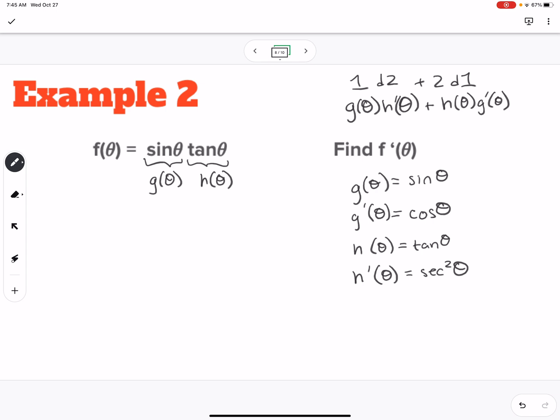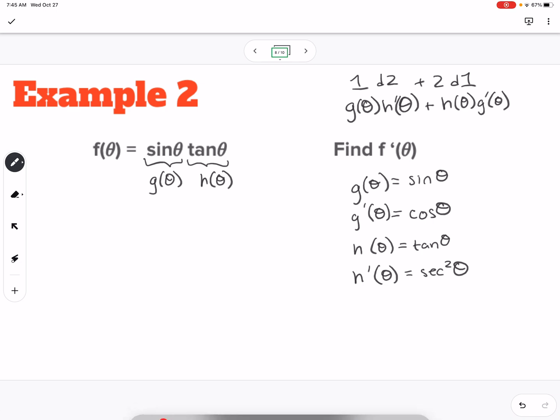All right, so now I'm going to take all those trig derivatives and those original functions, and I'm going to plug them into that product rule formula that I have up in the top right-hand corner.